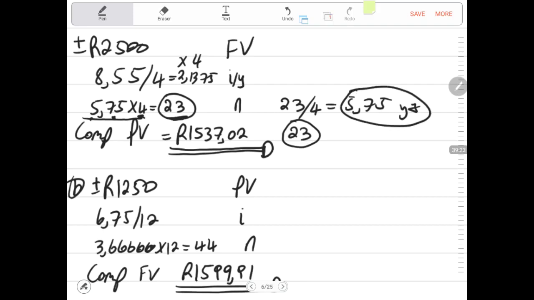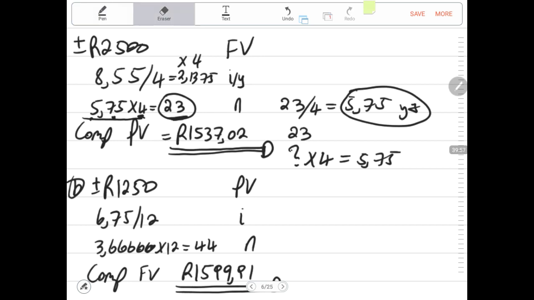So in order for us to get to 23, we said something, which we don't know, multiplied by 4 is equal to 5.75. I think I've done it wrong.